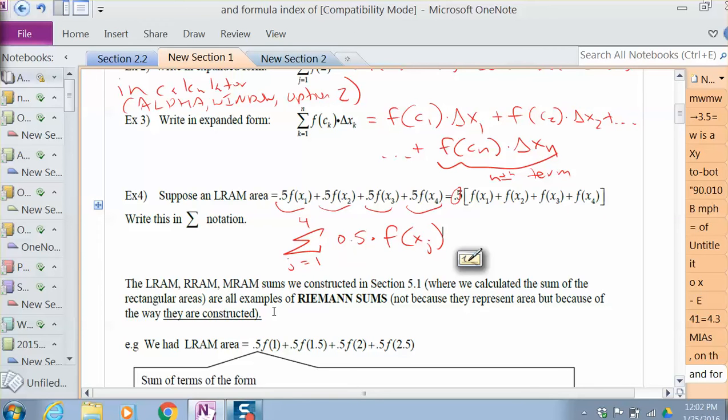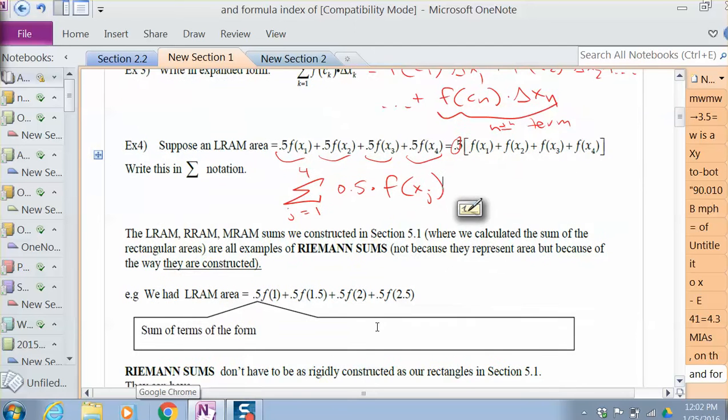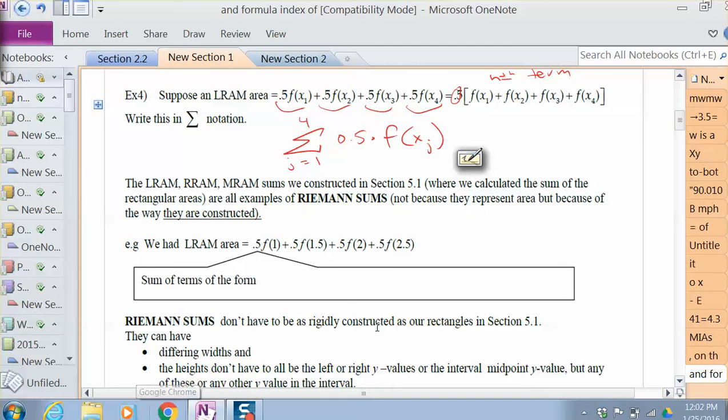So what we constructed in section 5.1 is something called a Riemann sum. This is a term that we're going to use very often. It's called a Riemann sum, and not because they represent area, but because of the way they're constructed. So let me show what's happening here.